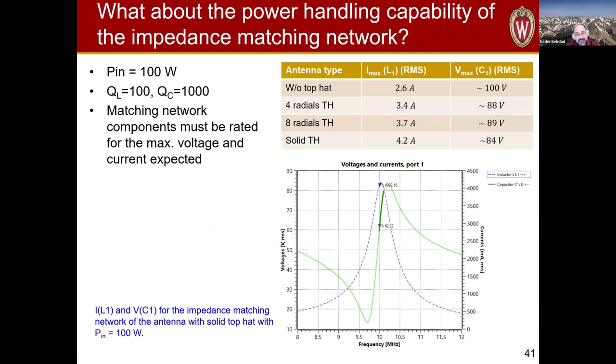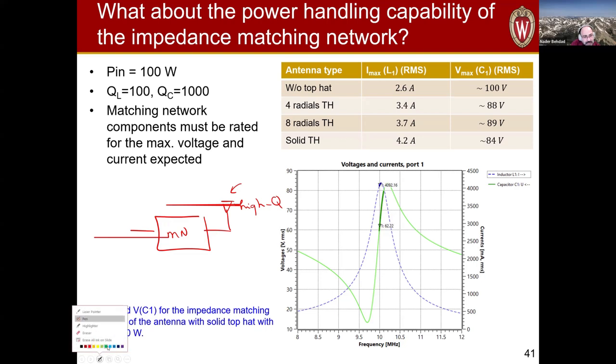Another thing that you need to keep in mind when you are designing impedance matching networks for these small antennas is that when your antenna is highly reactive, so this is a high Q antenna, as is the case for electrically small HF antennas, you will have very large voltage and current values in your matching network.